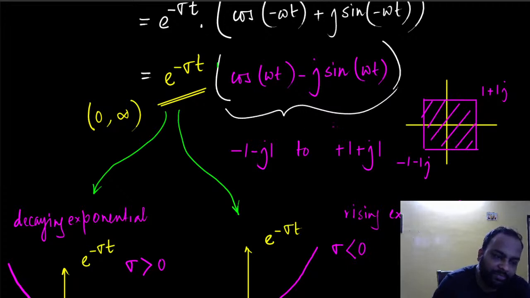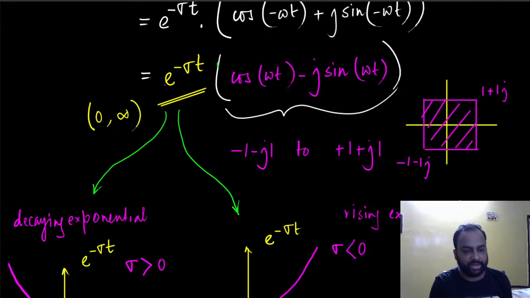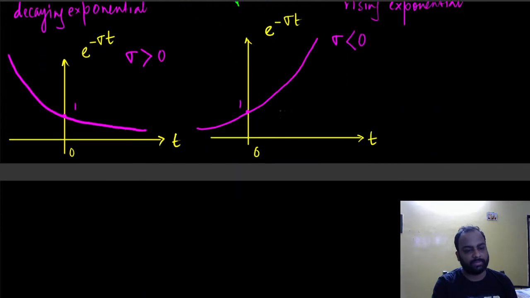For e to the power minus sigma t, the value can be anywhere between 0 and plus infinity. This real part can go to positive infinity, can go to 0, depending on my choice of sigma, and we're going to see how that choice of sigma actually affects our end goal.